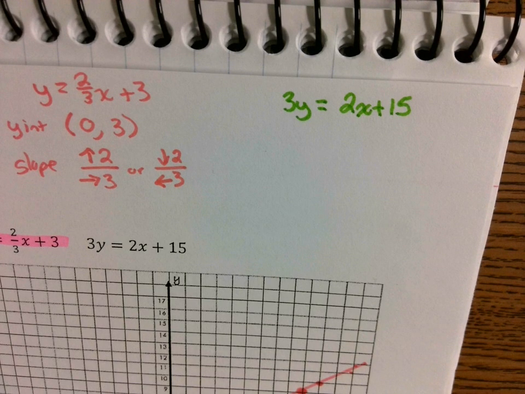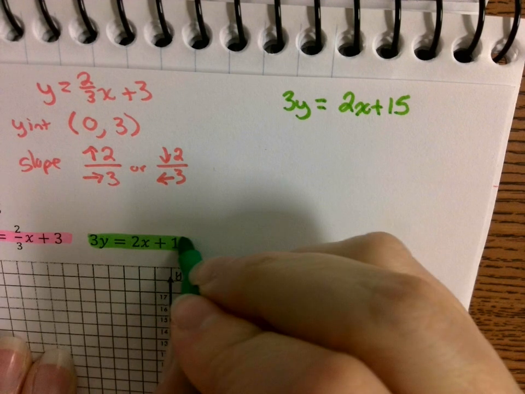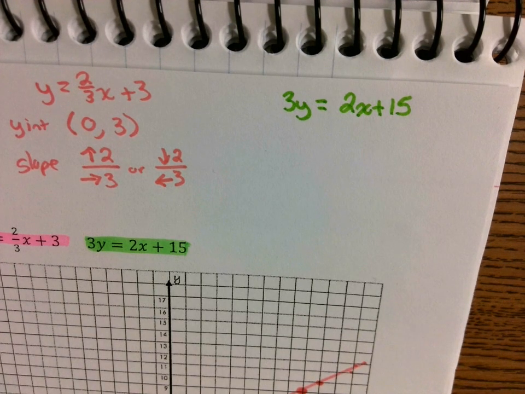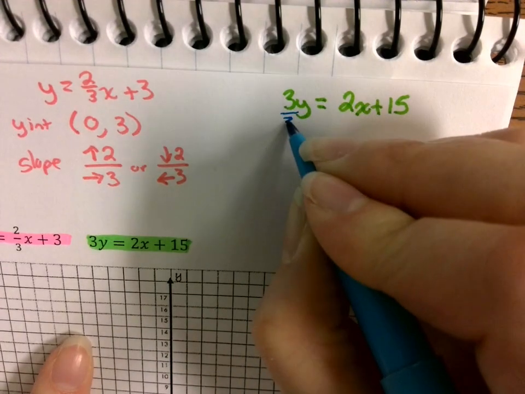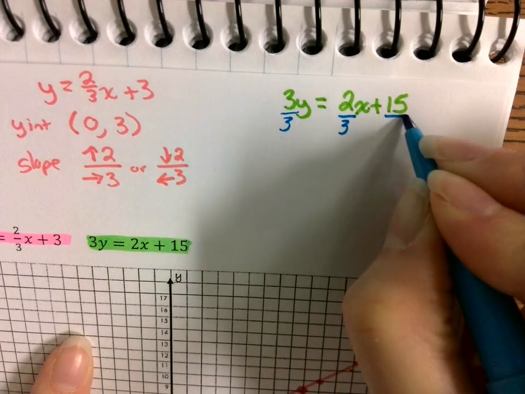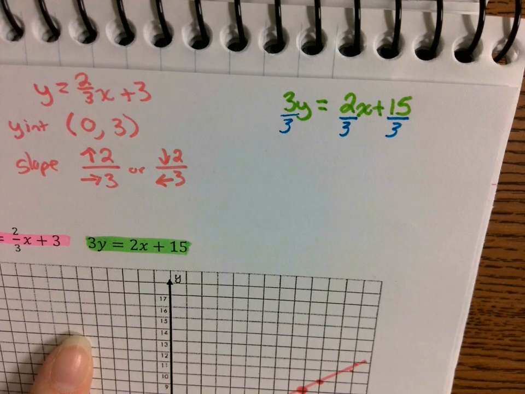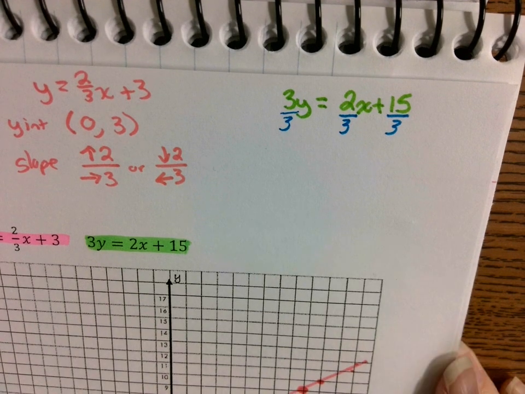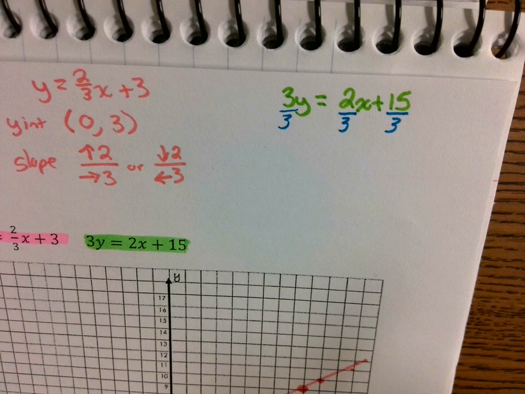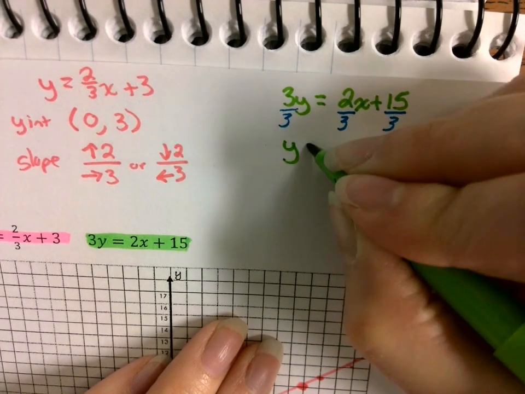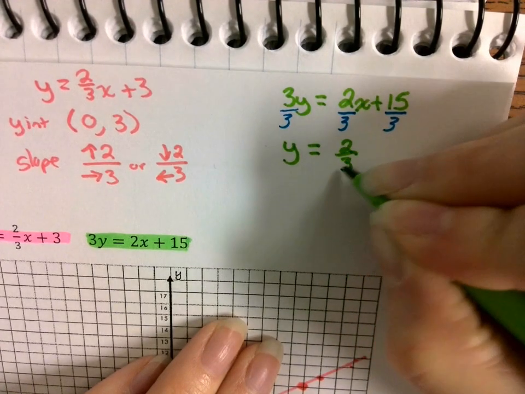I want to get y isolated. In order to get the y isolated, I need to divide everything by 3. I'm going to divide every value by 3. So that gives me y is equal to 2/3 x plus 5.